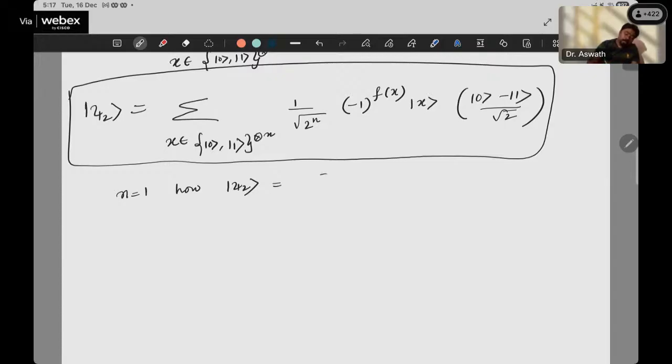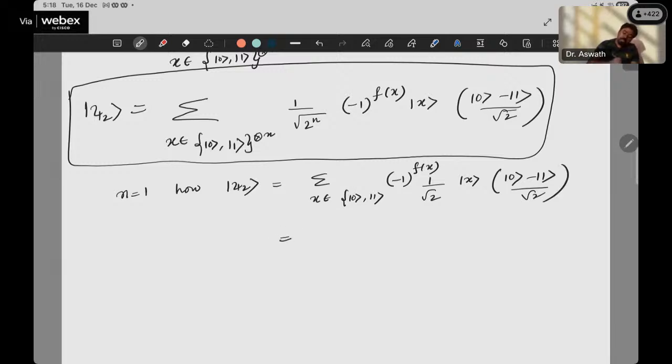For n equal to 1, I'll have x belongs to {0,1}, minus 1 to the power of f of x, 1 by square root of 2, |x⟩ |0⟩ minus |1⟩ divided by square root of 2.